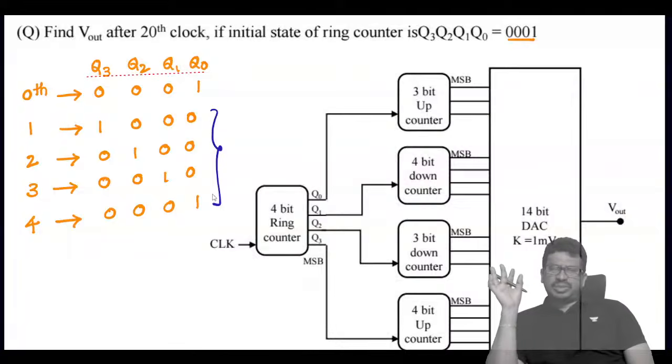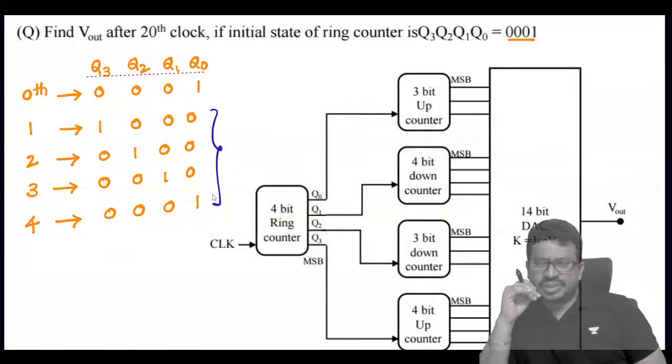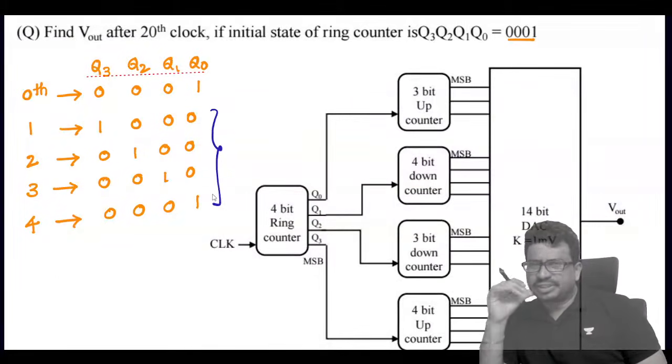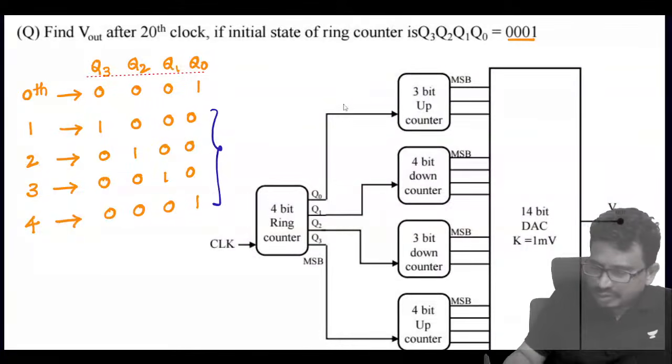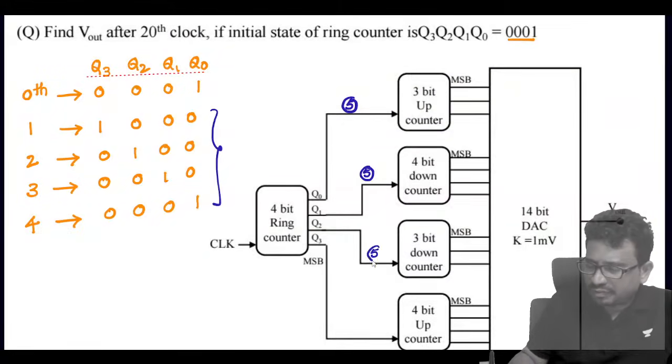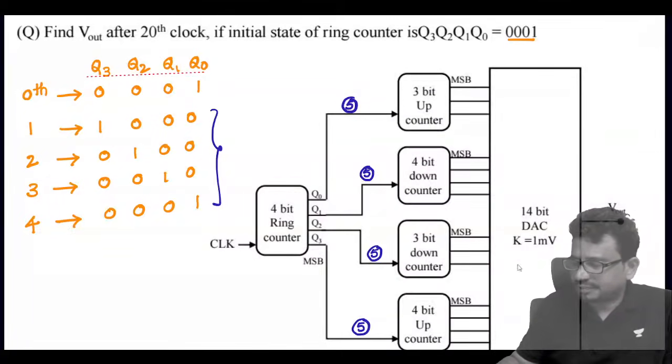That means totally, how many times is each output bit 1? 5 times is 1. So this value 5 times is 1, this value 5 times, this value 5 times, and this value 5 times.